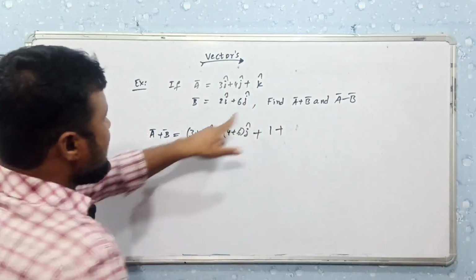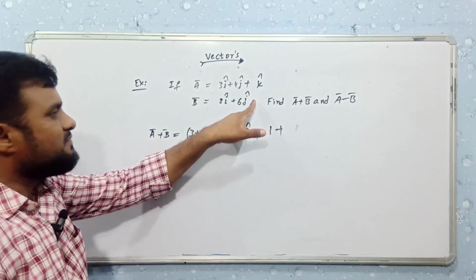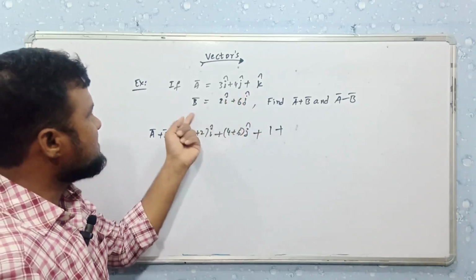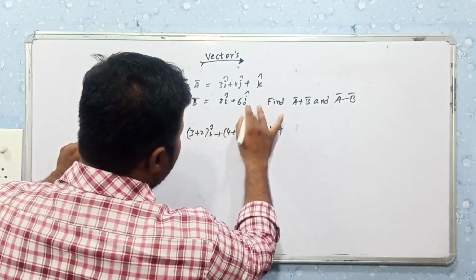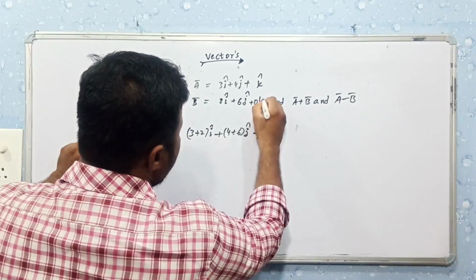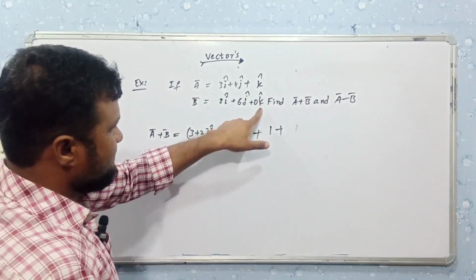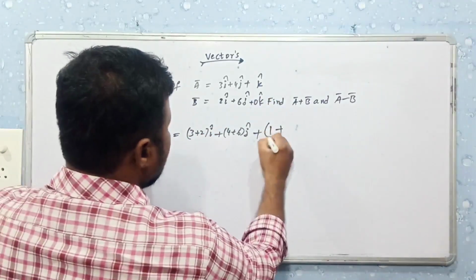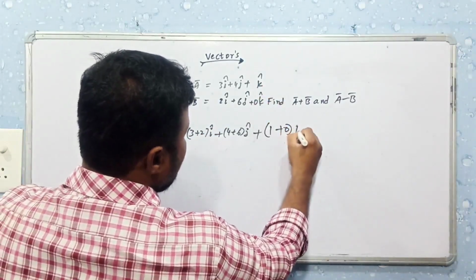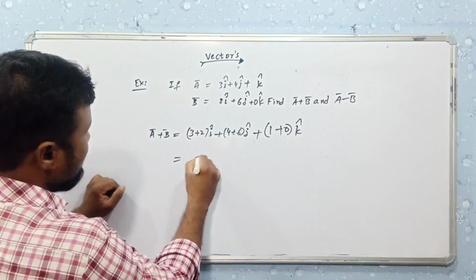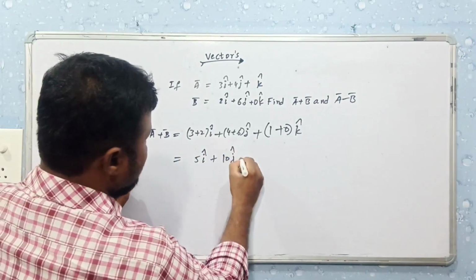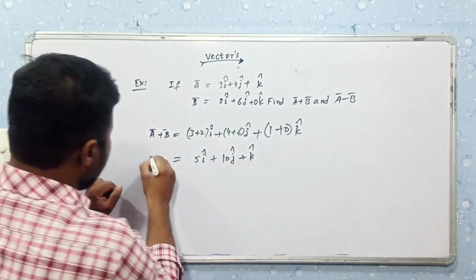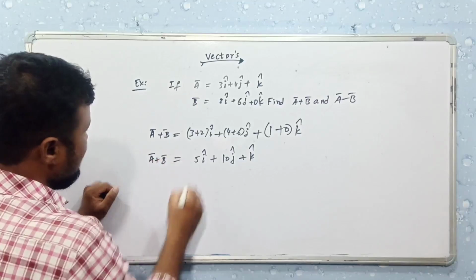Here k is not given in the B vector in the direction of z axis, so you have to take 0 k cap, understand? So 1 plus 0 k cap. 3 plus 2, 5 i cap plus 4 plus 6, 10 j cap plus k cap is the answer for A bar plus B bar.